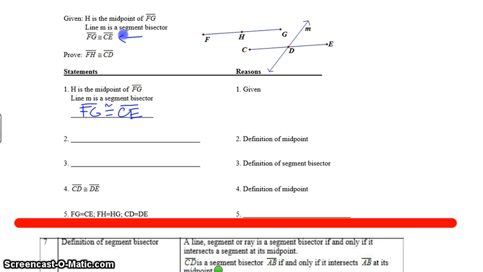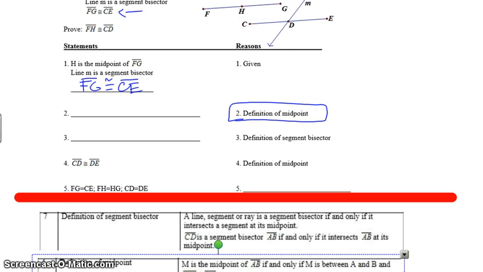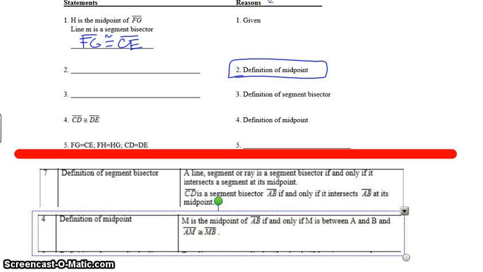So from there, I'm going to go to step 2. Look at your reason that they gave you. Definition of midpoint. Use your proof packet. Go read what definition of midpoint says. M is the midpoint of AB if and only if M is between A and B and AM is congruent to MB. Here, they've told me that H is the midpoint of FG.